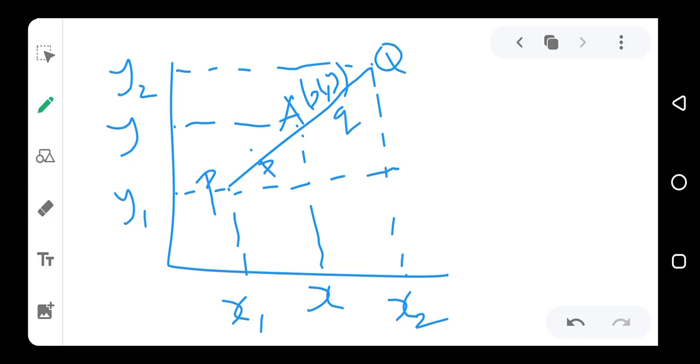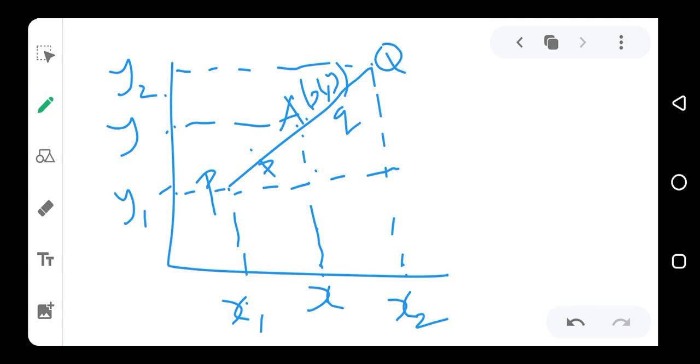Now the point A, which divides the line in the given ratio, has coordinates x and y. Now we have this place as x1, this place is x, and this side x2, then y1, y, and y2.